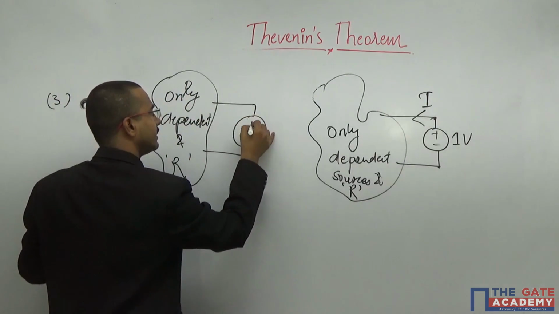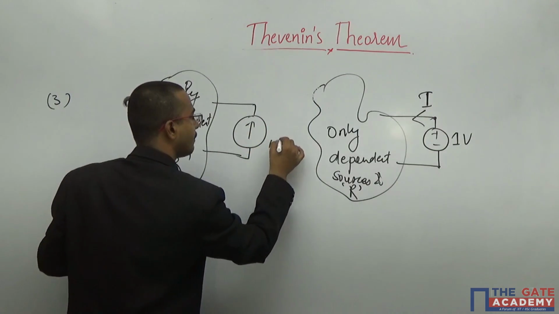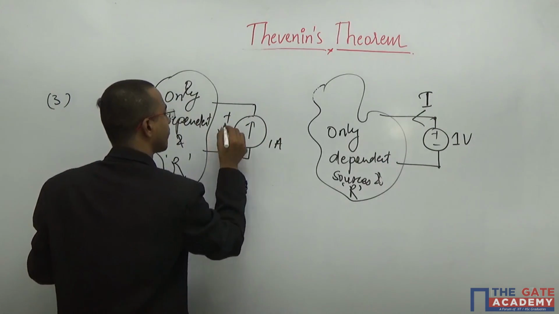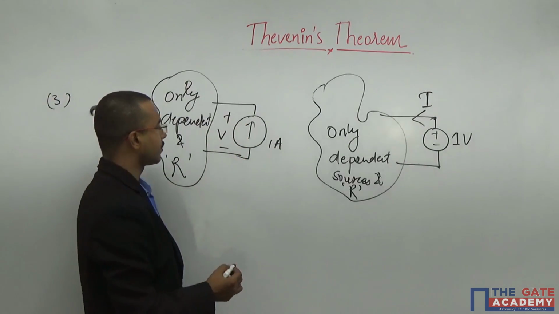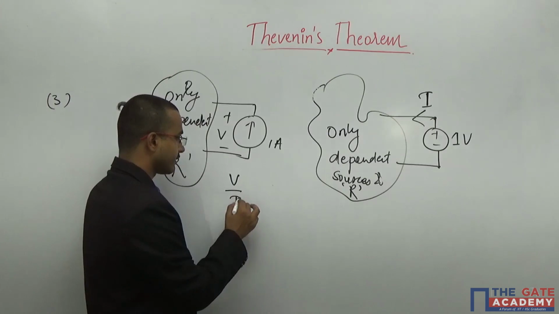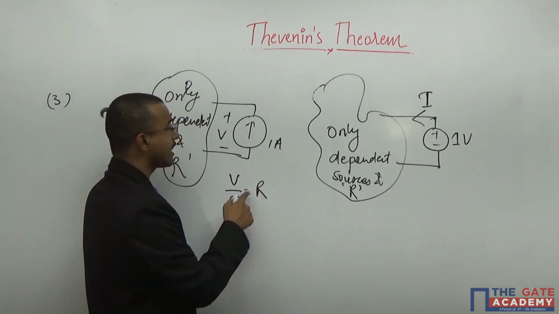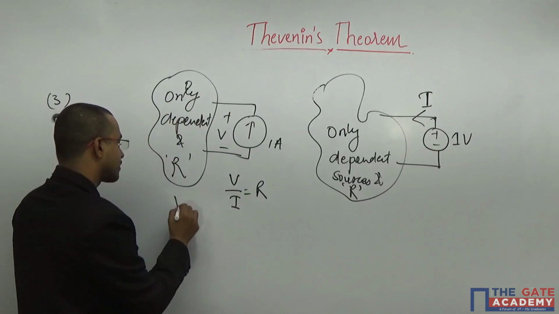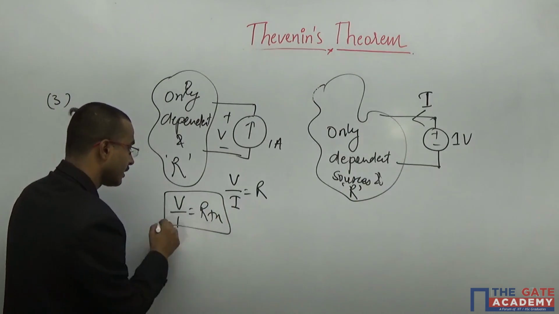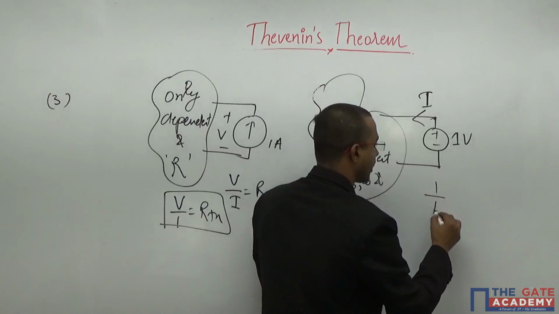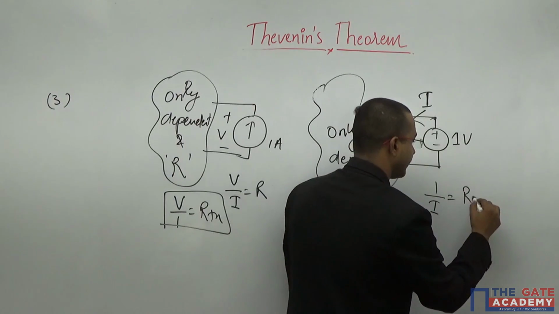Here I will apply a current source of 1 ampere and I will assume the voltage developed by this current source is V. At the last, V divided by I is my R. Here the I value is 1, that means V by 1 is equal to my RTH. And in the previous case I calculated 1 upon I is equal to RTH.